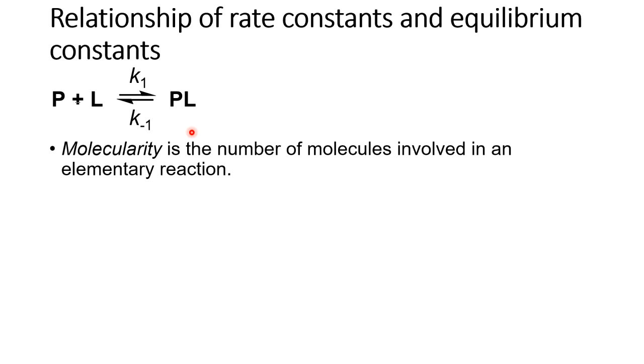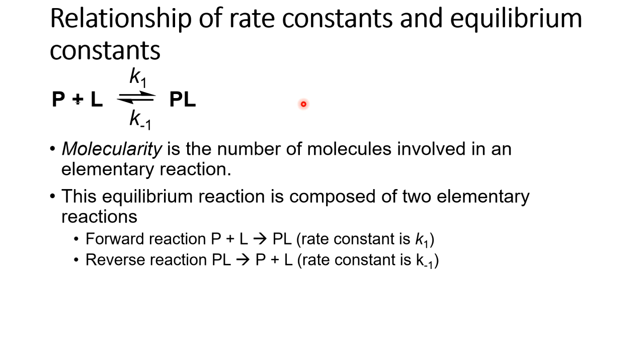Molecularity is an important concept to remember and review. It's the number of molecules involved in an elementary reaction. In this equilibrium equation, there are two elementary reactions. There's a forward reaction, where the protein P reacts with the ligand L to form the protein ligand complex, and the rate constant for this reaction is little k1.